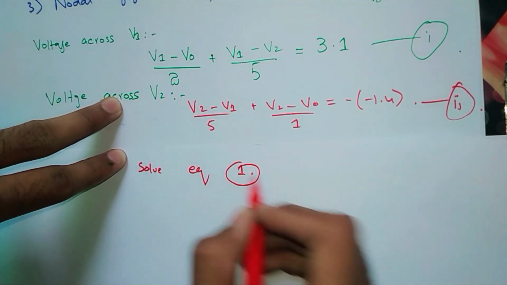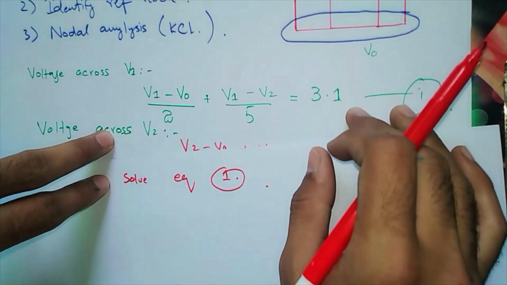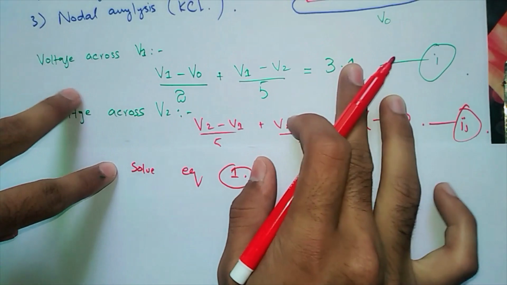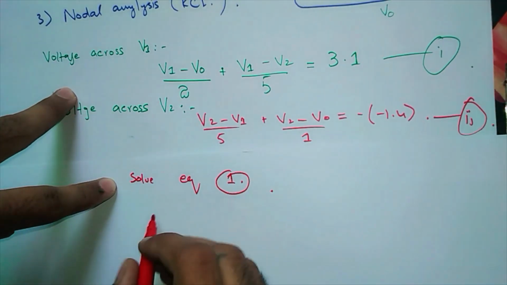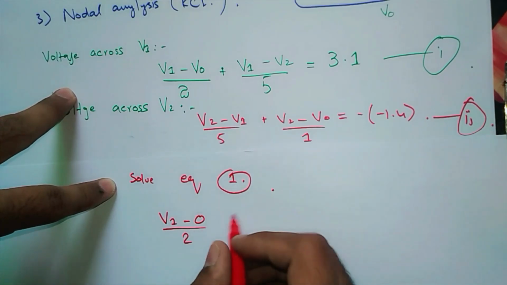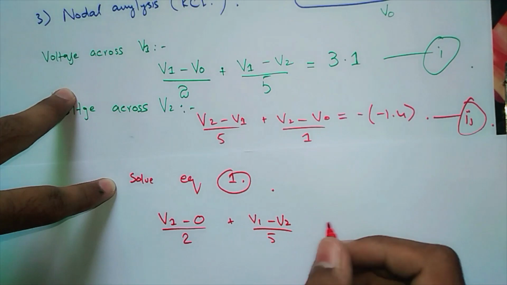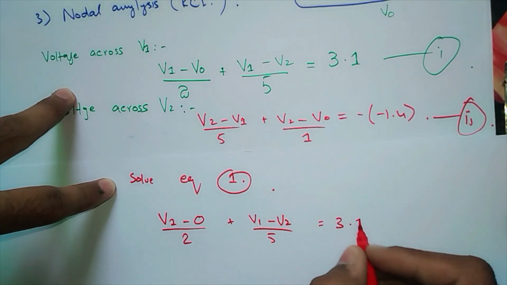To solve equation number 1: V0 is 0 across the reference. So we put (V1 minus 0) over 2 plus (V1 minus V2) over 5 is equal to 3.1.